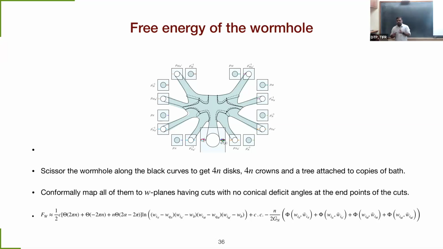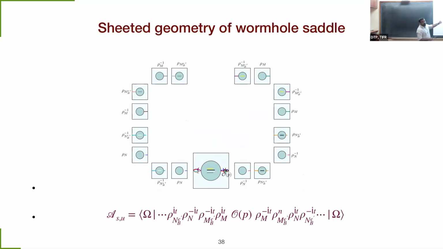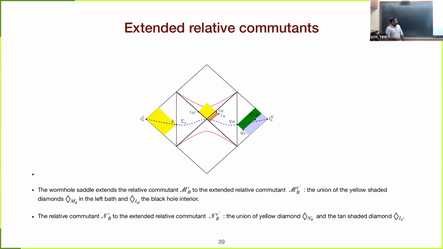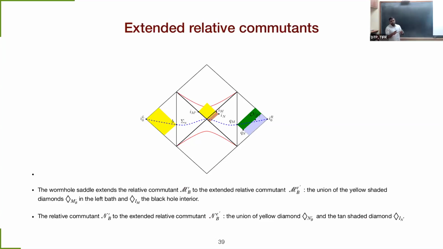Zn symmetry is not an important thing for getting a geometry out of a sheeted construction, right? So here I don't have a Zn symmetry. I get a sheeted interpretation, and that interpretation gives you an extension of the relative commutant, basically an extension of the path algebra.